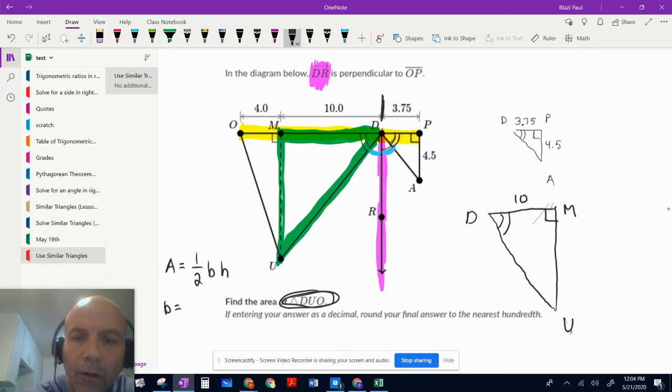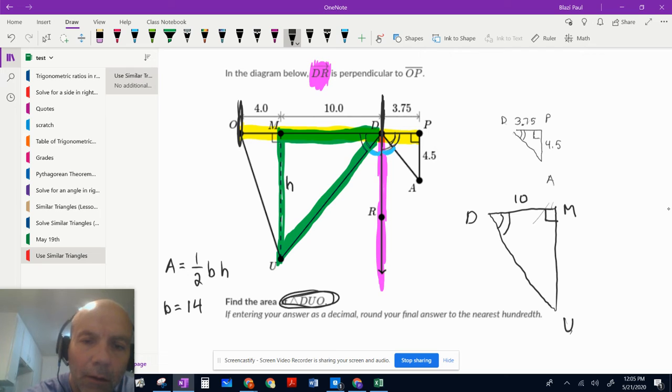It goes from here to here, right? And what's that length? It's just 4 plus 10. That's the base of triangle DUO. So that's just 14, okay? So what do I need for triangle DUO? I need its height, and that's this right here, okay?